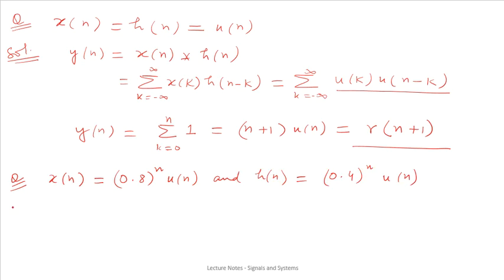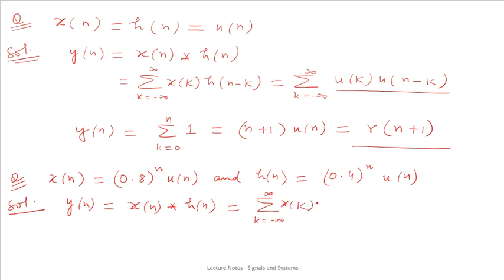The question is the same, that you have to evaluate the convolution for it. You will start in the similar manner, that is yn equals xn convolution hn, which is nothing but the mathematical expression of the discrete time convolution. So this will be this.